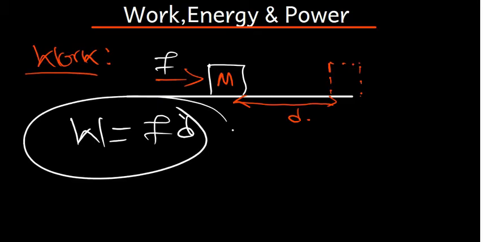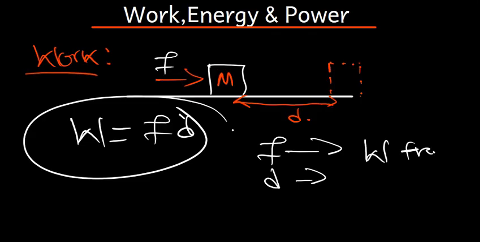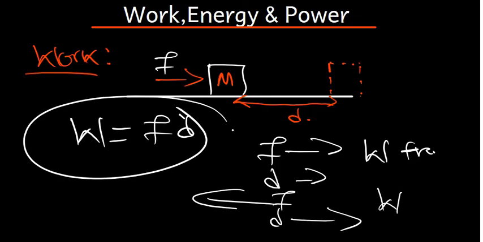Now, what you have to understand here is that whenever we're talking about work, if the force and the distance are going in the same direction, the work done is positive. So you have positive work done. And if the force is moving in this direction and the displacement is moving in this direction, just know that the work done is going to be negative.